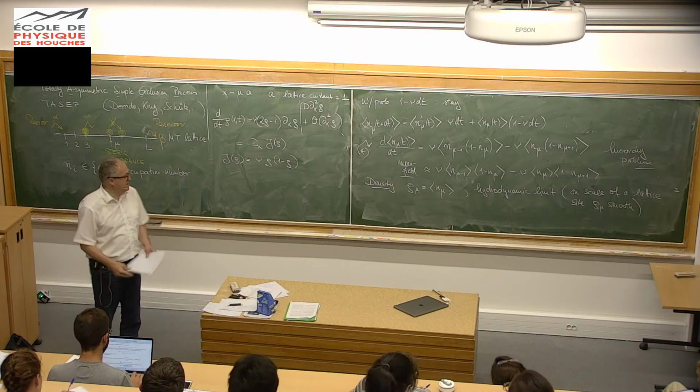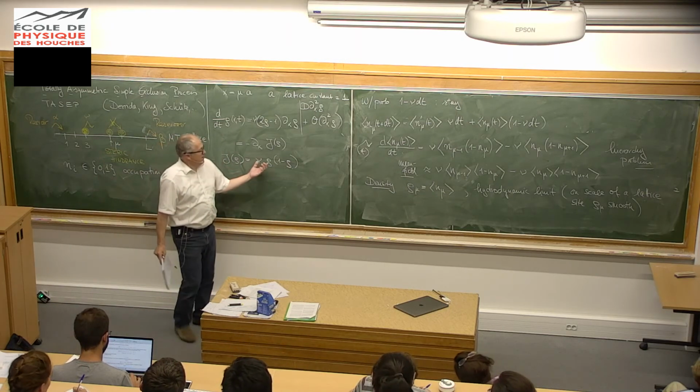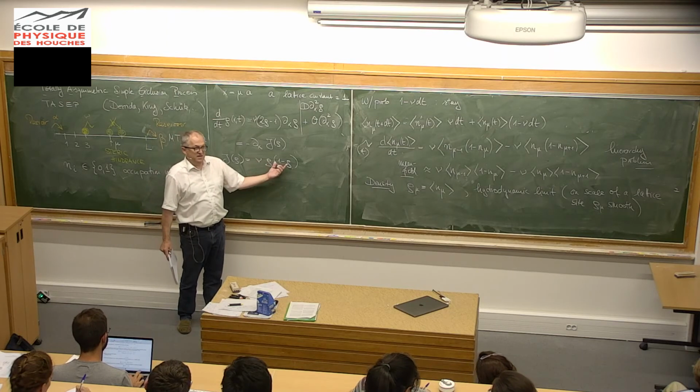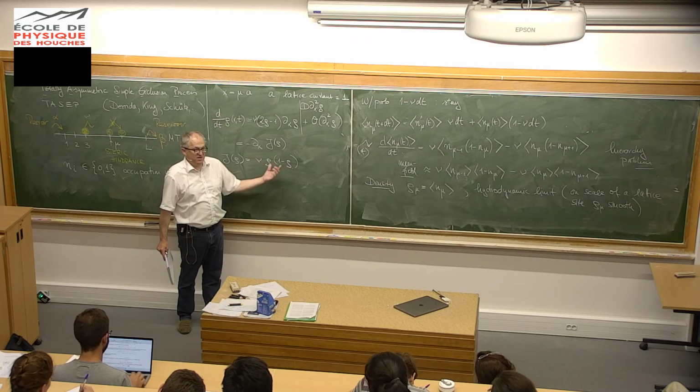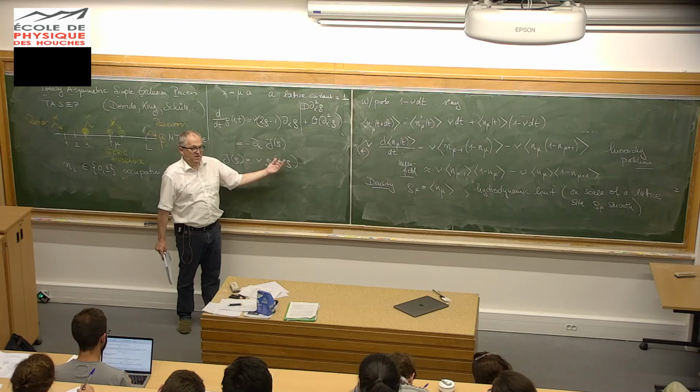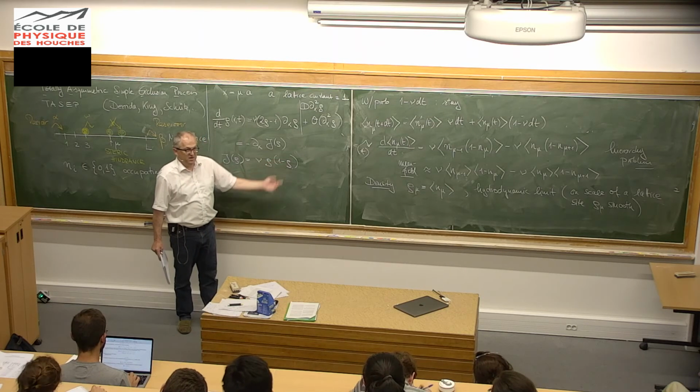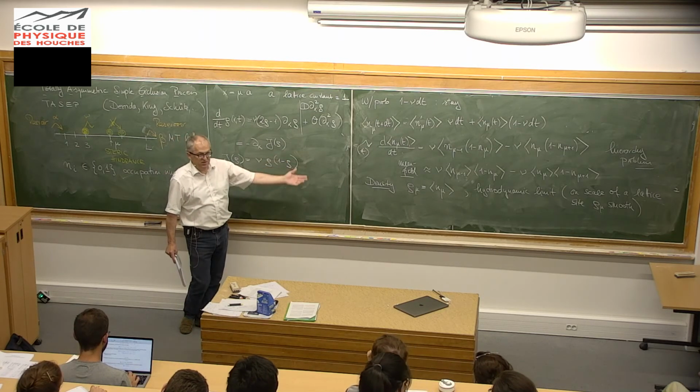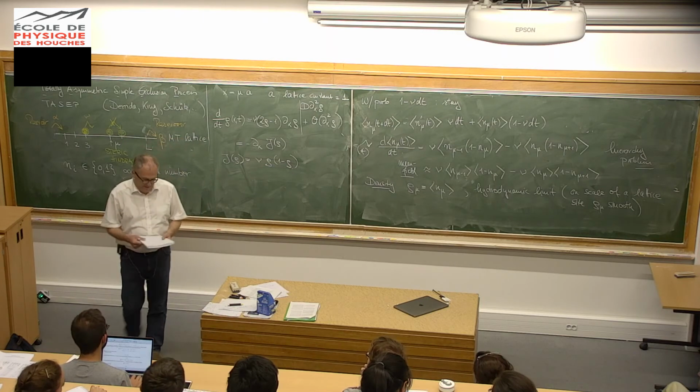So in that case, if you look at this as velocity times density, the density is actually appearing in the velocity, slowing it down as you increase the density.